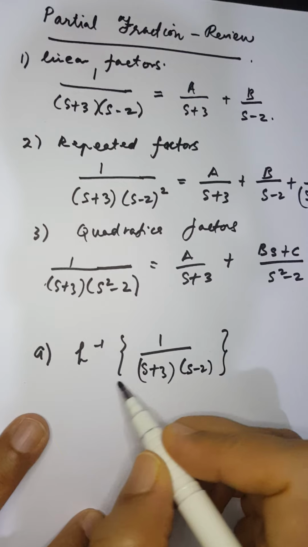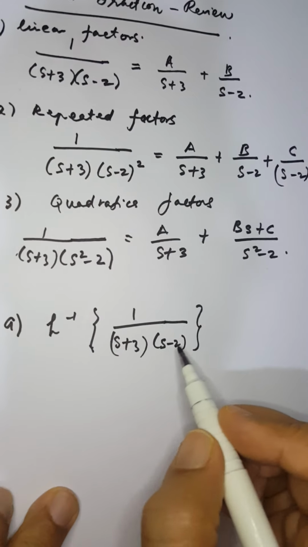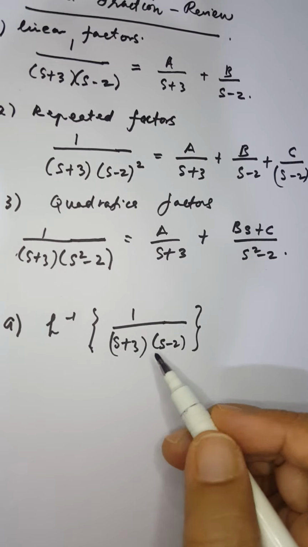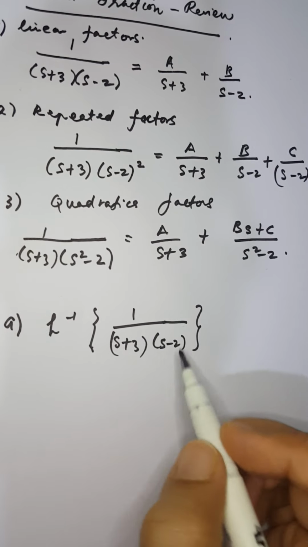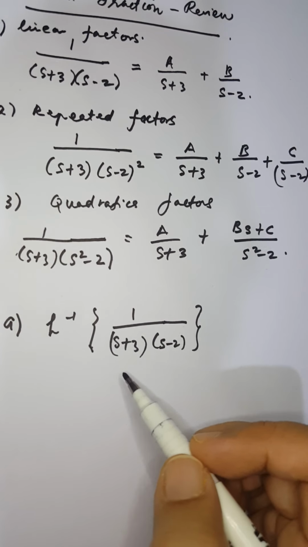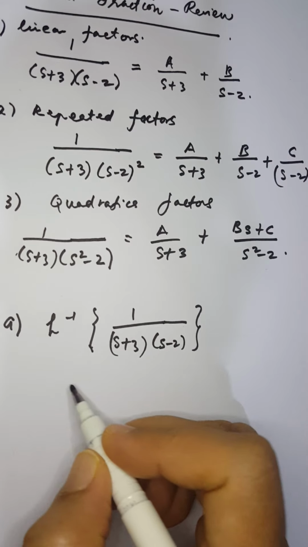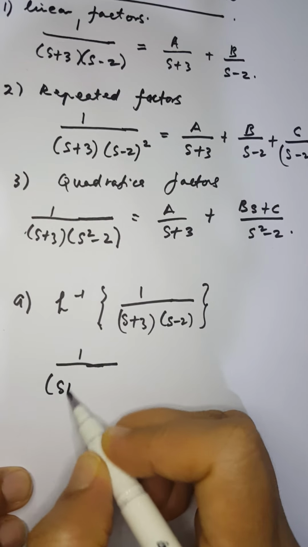What happened? Can't you see this is a fraction where the denominator involves linear factors. So we need to modify this because we don't have the inverse of this kind of fraction. So what we do, we just take out the functions first.